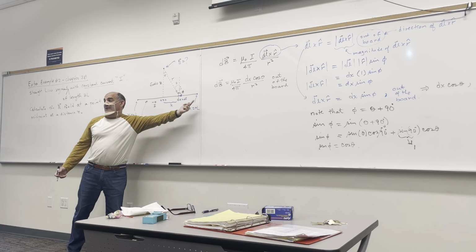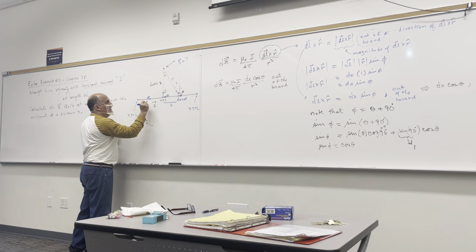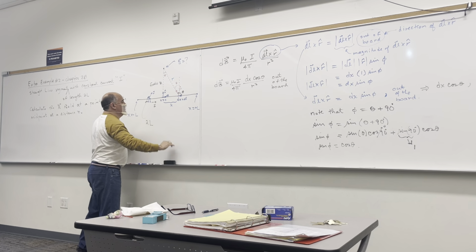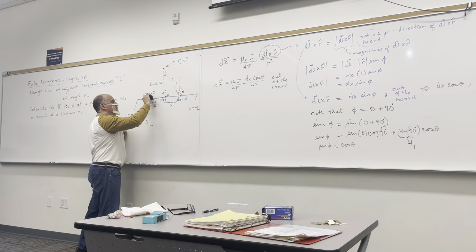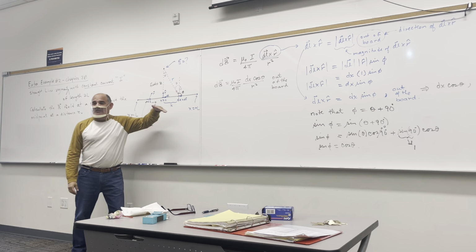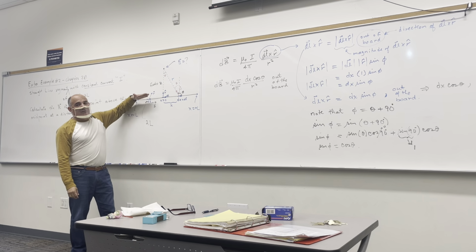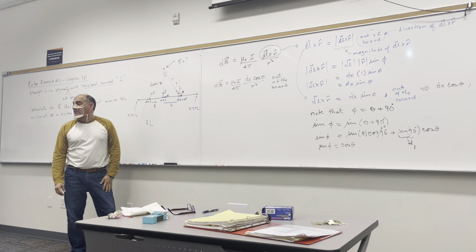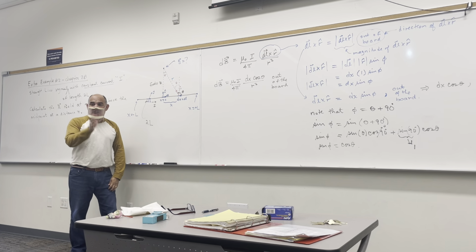And what if I consider a dl over here, with current I in it, so then r hat would be this, right? So what would be the direction of that? dl cross r hat. Out of the board. So all of the vectors generated by dl cross r hat are going to be out of the board. So it's just this plus this plus this plus this plus that.